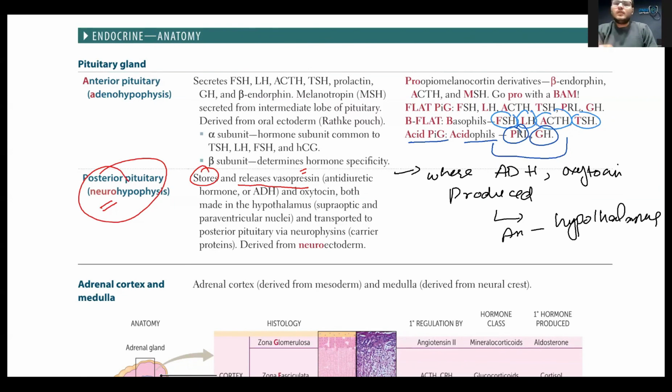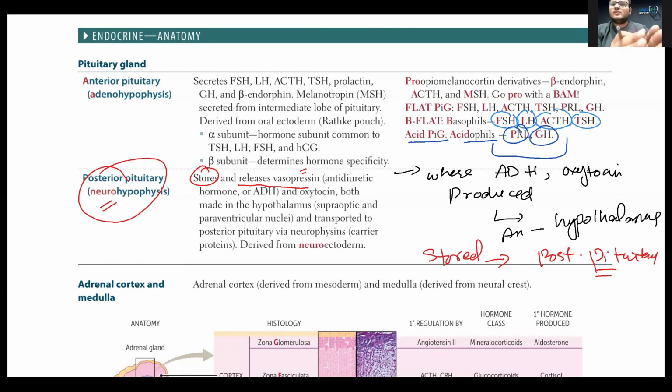When they use the word stored, the answer will be posterior pituitary. So remember, produced in hypothalamus and stored in posterior pituitary.